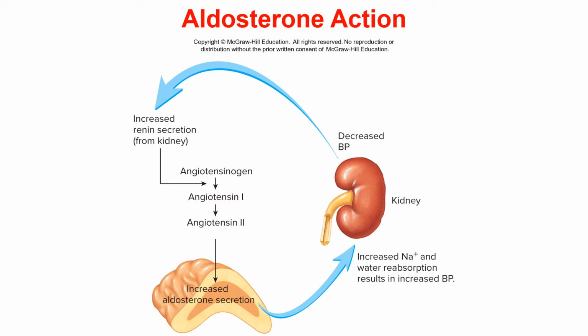Once the kidney produces this renin, it stimulates the production of angiotensin 1, which is converted to angiotensin 2, which in turn stimulates the aldosterone secretion from your adrenal cortex. So with the aldosterone increasing sodium and water absorption in the kidney, of course, it will actually result in increase in blood pressure.